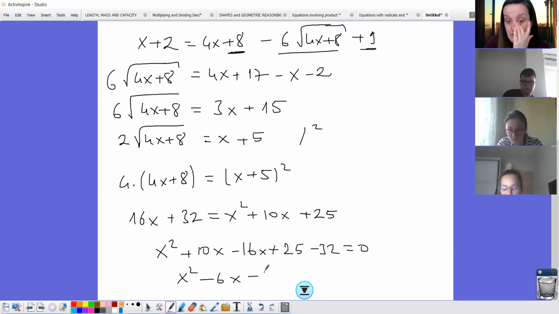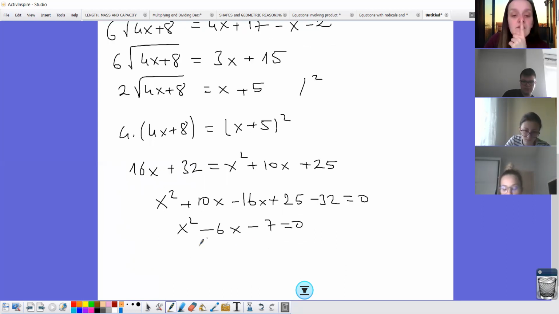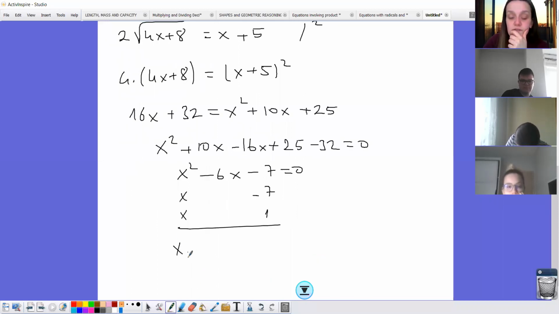Minus 7? Yeah, equals 0. Then what will be the factors? x minus 7 and x plus 1, because here we have minus 6. Then we will have x1 as 7, x2 as minus 1.